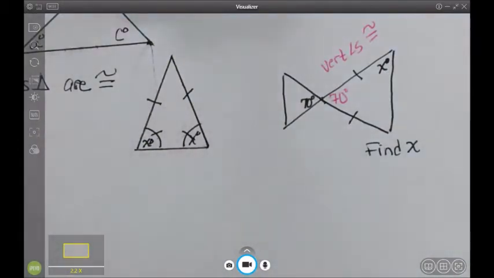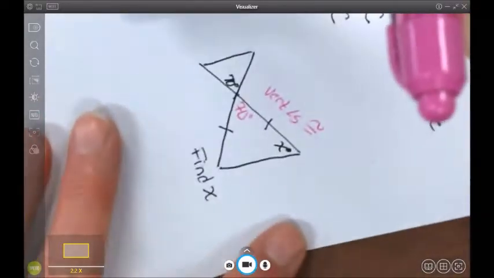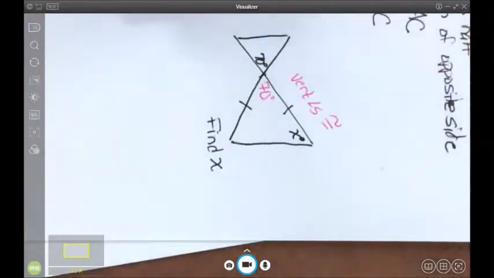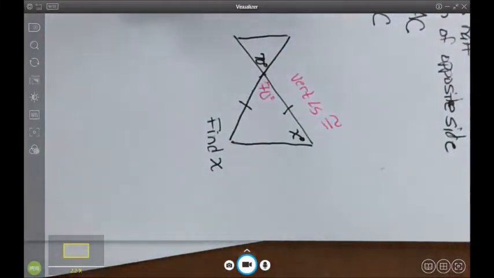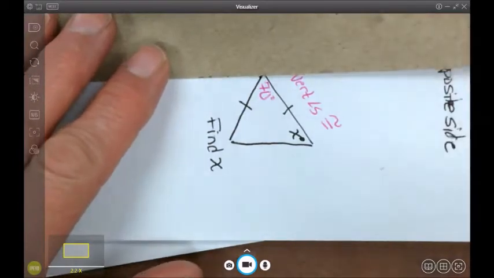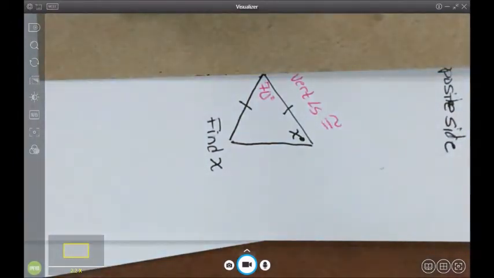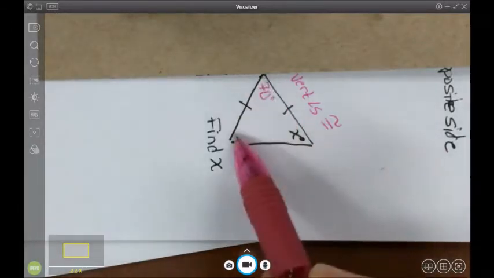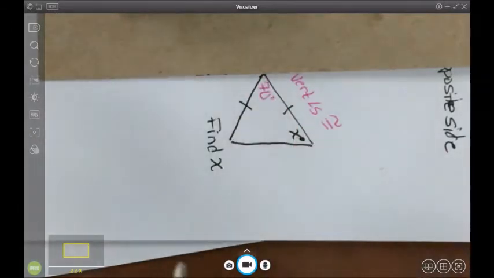Okay. So now when I take a look at my diagram, I don't even need that top triangle anymore. So I can cover that up if I want to. I know all three of these angles in the triangle add up to how much? If I add all three angles up, what do they equal? 180, right? Okay.